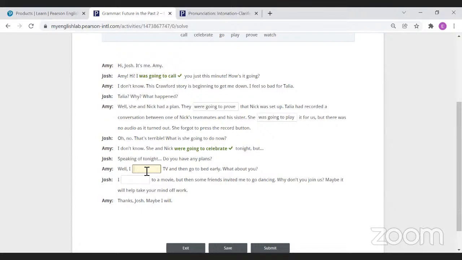So how could I say it? I was going to, because he's talking about the future, because he says that he will watch TV and then go to bed early.